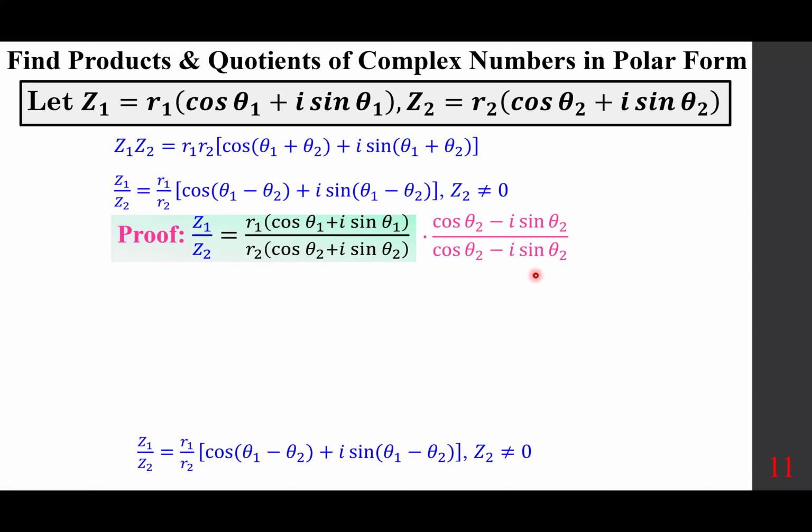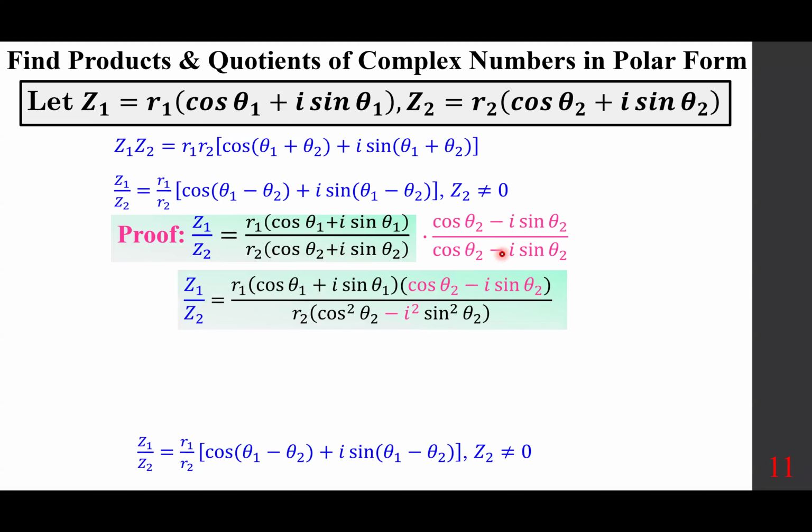First and foremost, notice the bottom becomes R2. When you multiply these two, it is cosine squared theta 2 plus and minus I squared sine squared theta 2. That's the bottom. And the top, we are going to multiply. I didn't want to do them at the same time so you can see that. So first I want to discuss this.